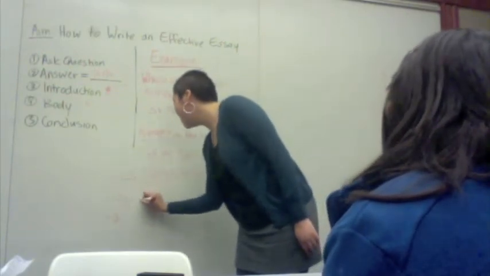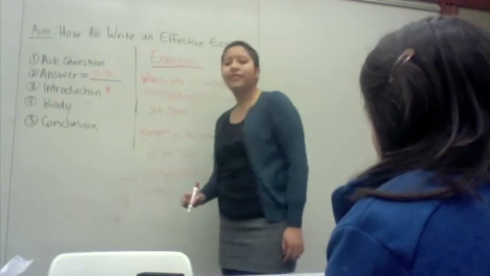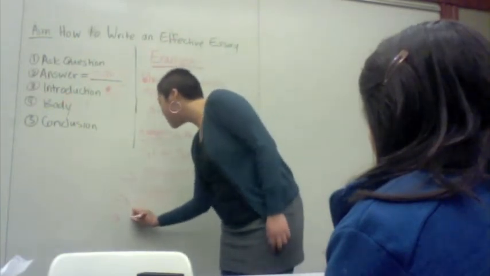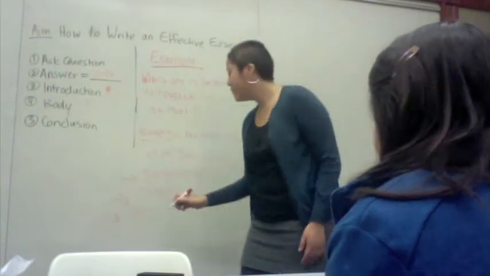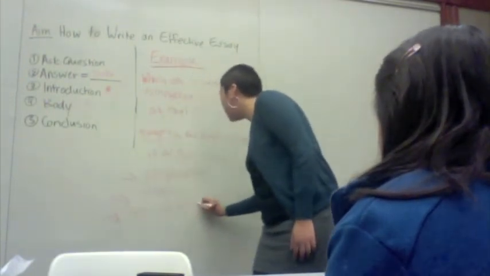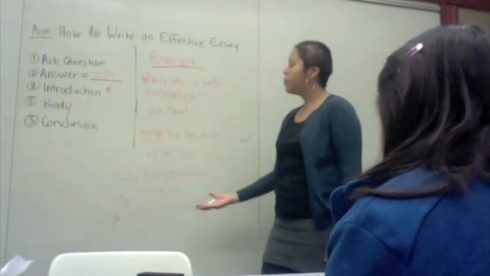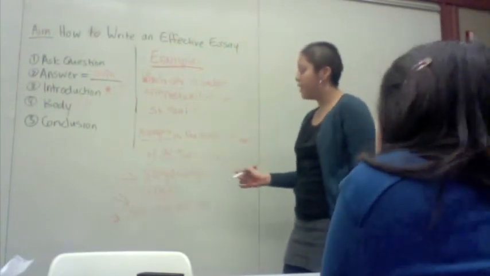Okay, diversity. How about another argument? Size. So if there's a large population. Okay. So these three arguments are going to be supporting your thesis, the fact that Minneapolis is the best city out of the Twin Cities.